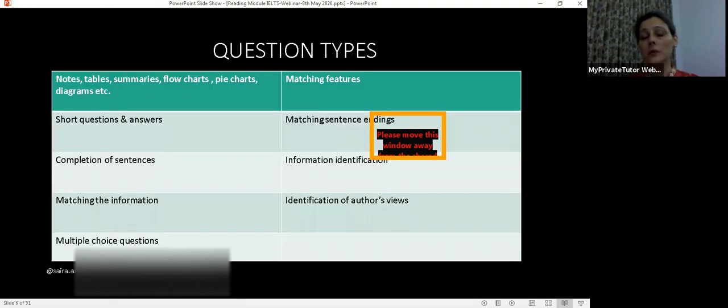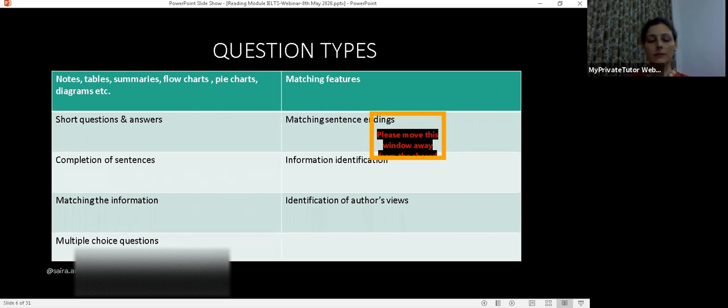I'm just going to give you a glimpse of the questions. What types of questions are going to be part of the reading module? The questions might be notes, tables, summaries, flowcharts, pie charts, diagrams, etc. One question can come like this: you have to label the diagram or fill the table.